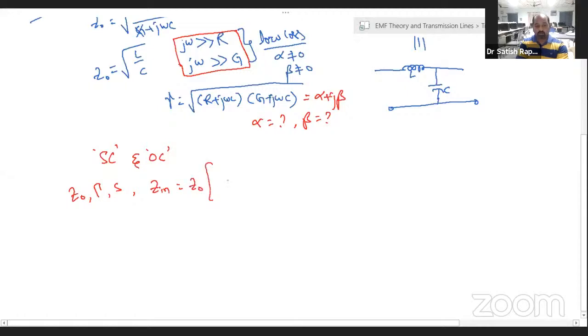All those things we determined for both the short circuited and open circuited transmission lines.